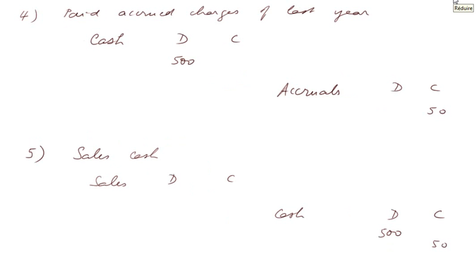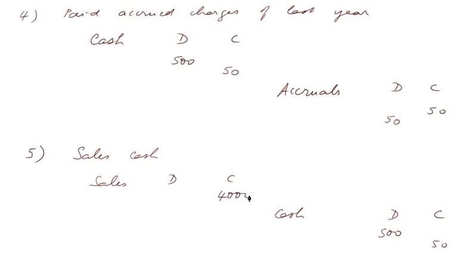Then we pay the accrued charges of last year with cash. Cash begins with 500, so it's credited 50, and the accruals, which recorded 50 due to some suppliers, now are debited 50 and will disappear temporarily from the accounts. Then we record a sale of 4,000 in cash.